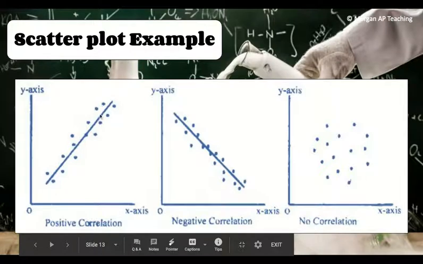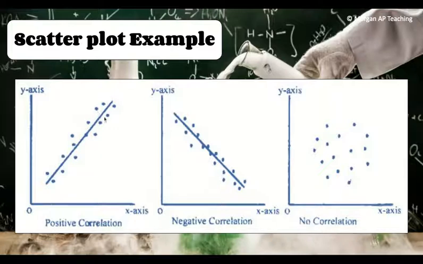Those things are correlated. Once again, they don't cause each other. So as I gain more weight, I get taller? No, right? So you've got to watch yourself. But this is a positive correlation. Not every dot is on the line, but it's pretty close. And depending on how close they are, that's where our coefficient comes into play.